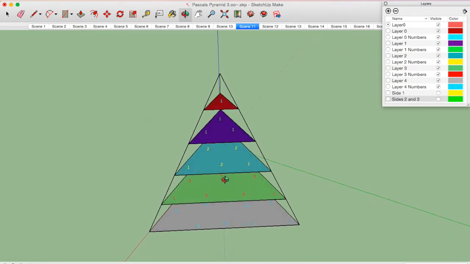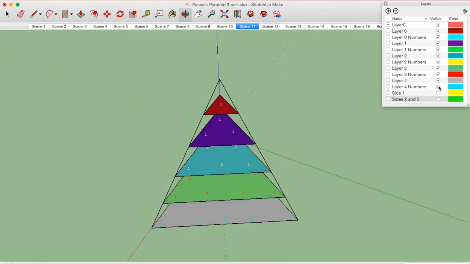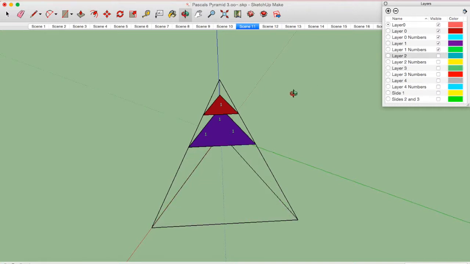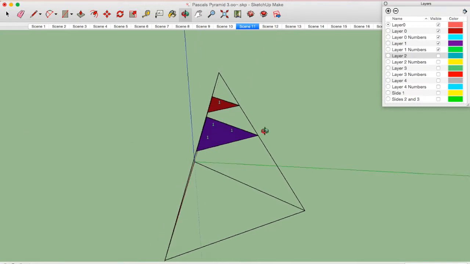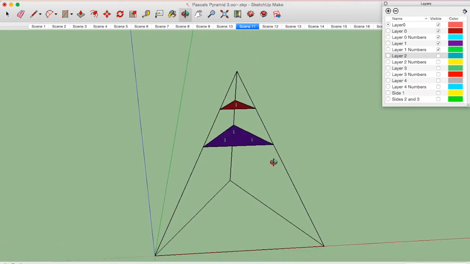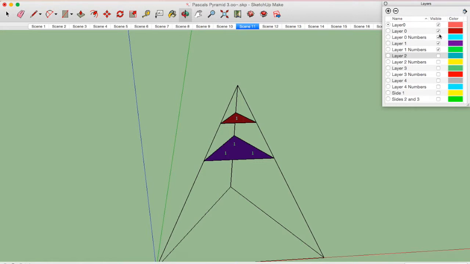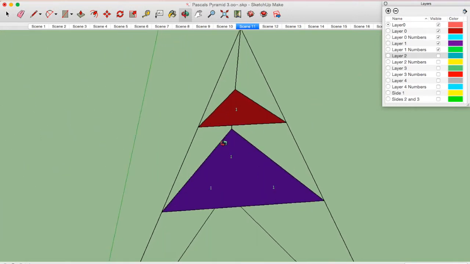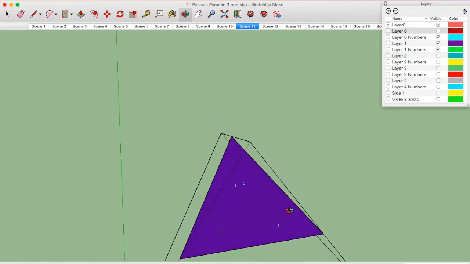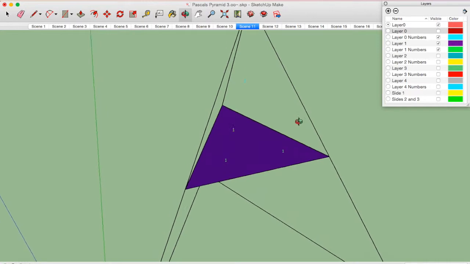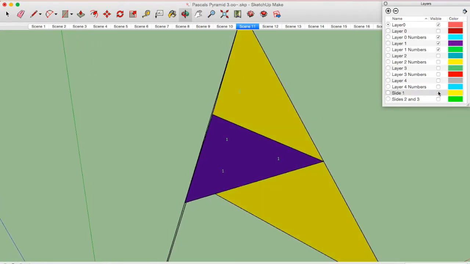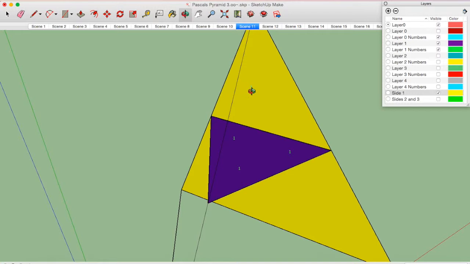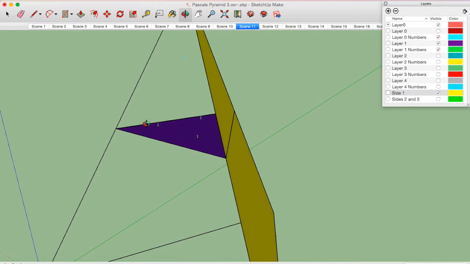I'm going to start off with explaining this basically layer by layer. So I'm going to remove the bottom layers and just start off with layers 0 and 1. Let me zoom in a little bit. If I remove this red tint, I can kind of see that this one goes with this one and this one, and it's kind of straightforward.